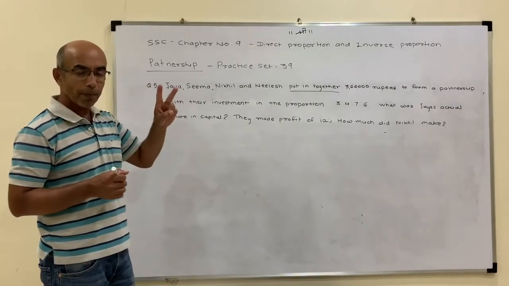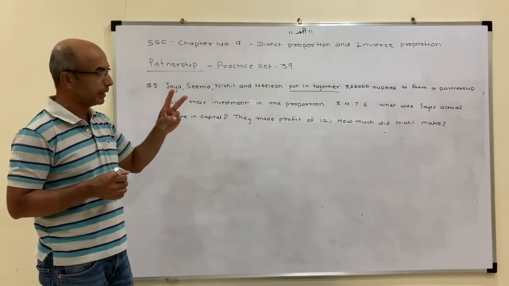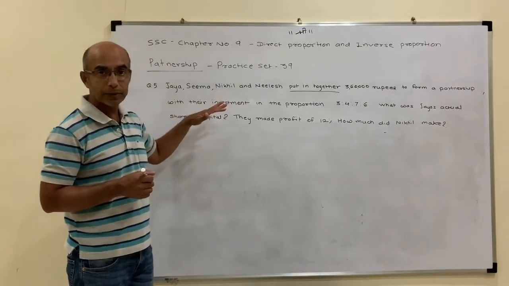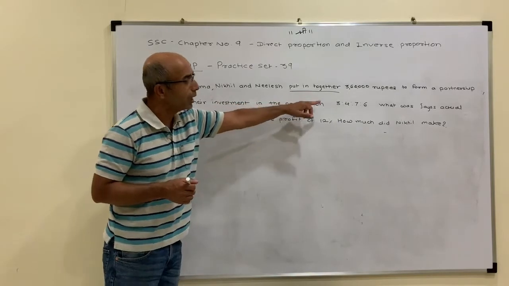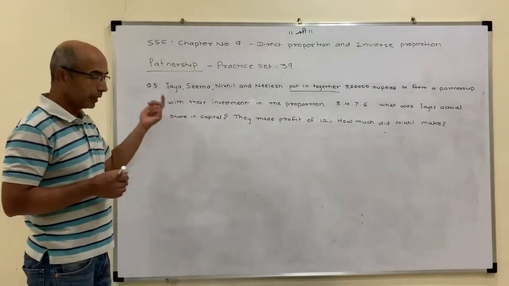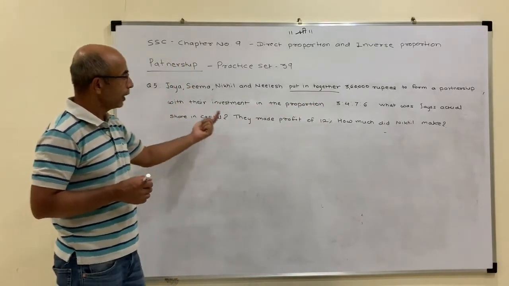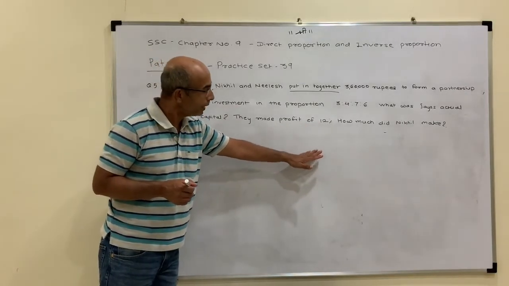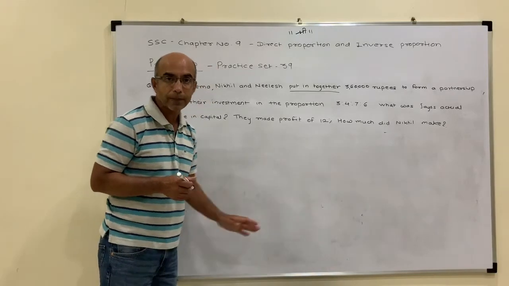So our problem will be solved in 2 stages. First, we'll find the individual amount they invested, since we have the total amount in the proportion. Then second part, we'll find how much the 12% profit comes out to be, and then we'll find the individual profit, how much they make.